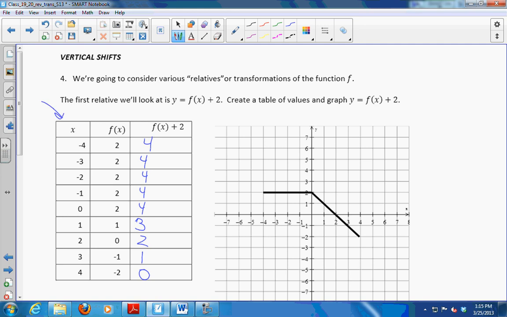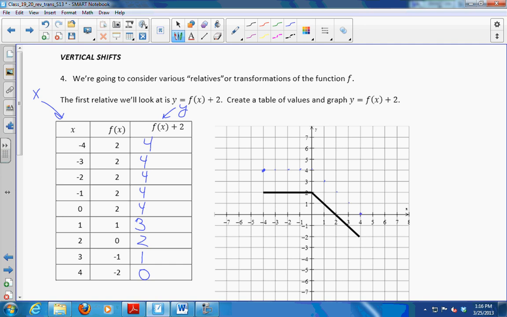Now I'm going to plot my new relative. These are my x's. These are my y's. And I'm going to see what happens to the parent. So I've got -4, 4. -3, 4. Well, those are 4. And then I have 1, 3. 2, 2. 3, 1. 4, 0.